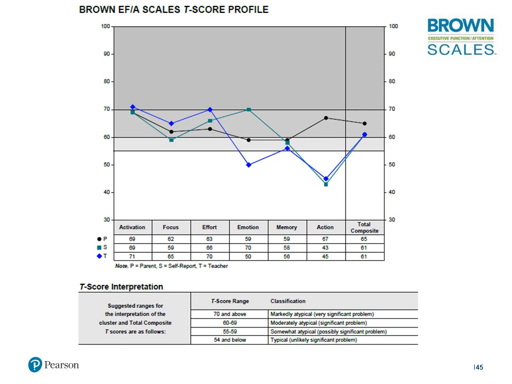We can also see the teacher felt that the student's executive functions related to effort was also significant, and the student found that their ability to control their emotions was also highly atypical. So again, this is information that we can then use when we are using the assessments and the screening to guide interventions.